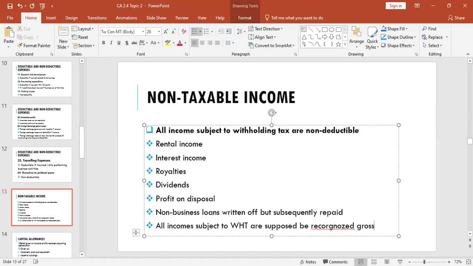If you're given a net amount, and rental income is for the most part usually net, remember withholding tax is charged at source. So if interest comes net of tax, you need to adjust it so that you have it at gross. We need the gross value of the rental income.